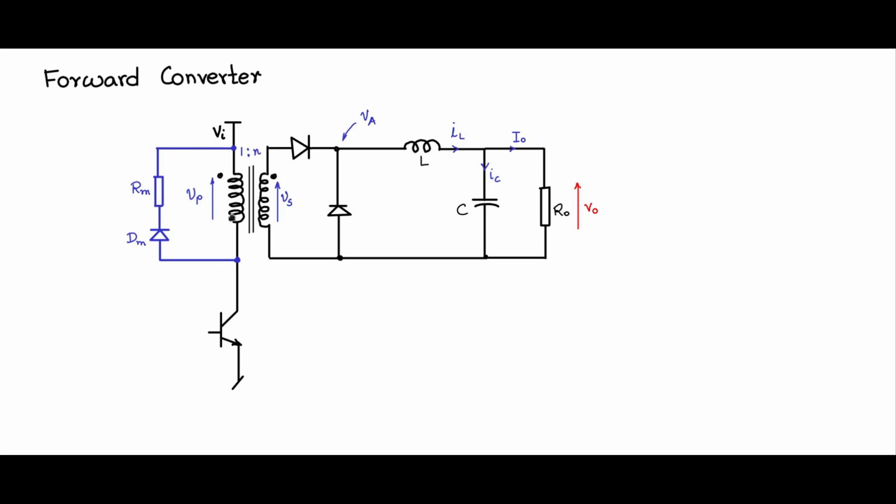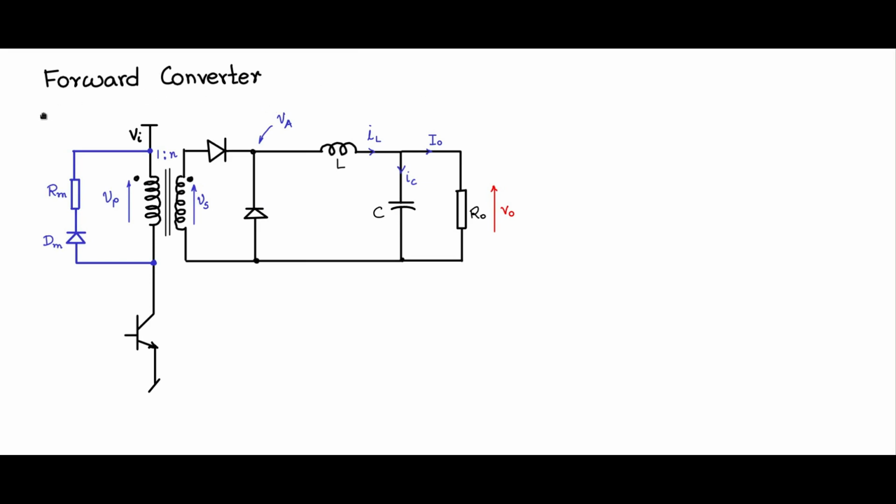Lm is the mutual inductance and Rm is this resistance. So with the L by R time constant it will start decaying and go to 0, and once the magnetizing current goes to 0, the flux in the core is reset and brought back to its original state, so that you can start the next cycle by switching this on. Now this is the complete forward converter circuit, a working forward converter circuit.